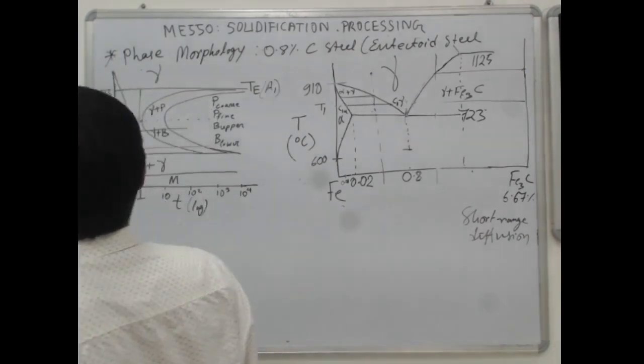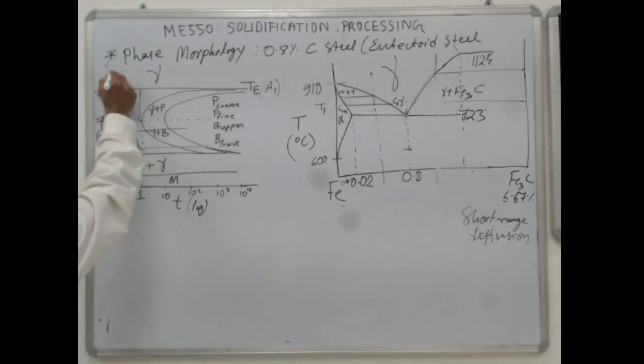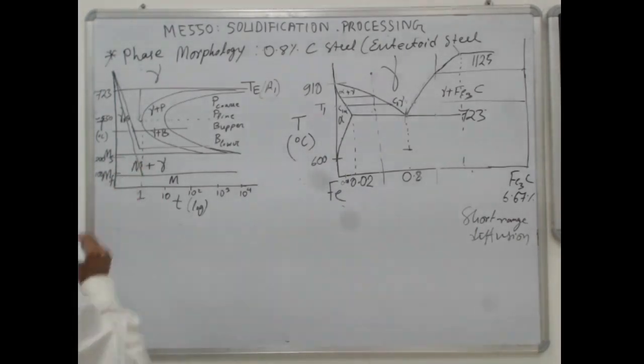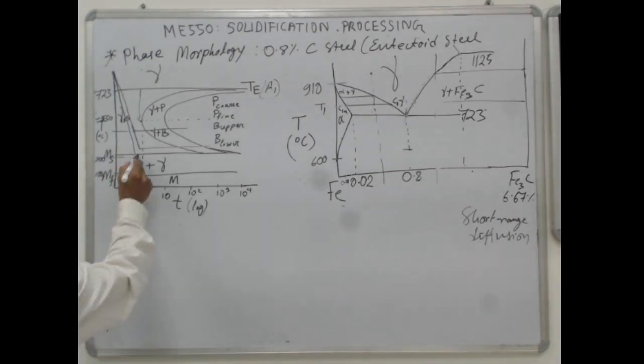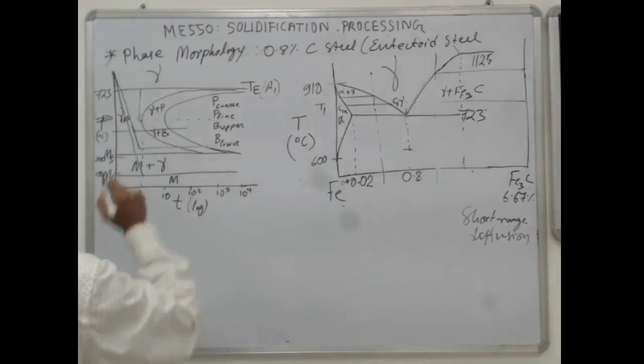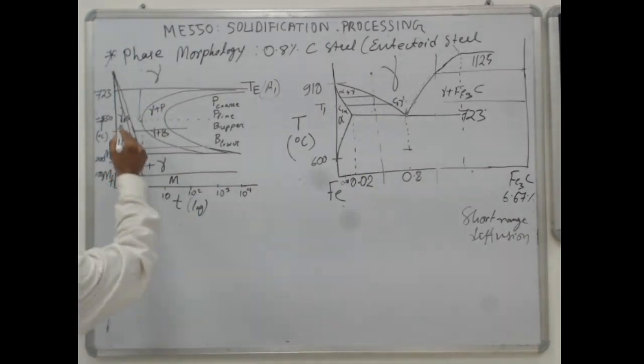Now suppose your cooling rate is very high, so you reach the martensite here. So how do you get martensite? This start line and finish line, it is similar to how you get the start and finishing lines.